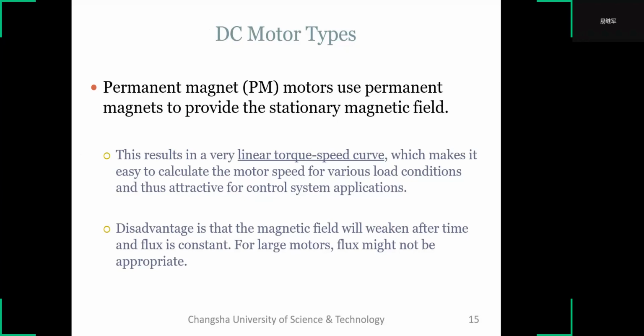For large motors, constant flux might not be appropriate. This is a permanent magnet motor.